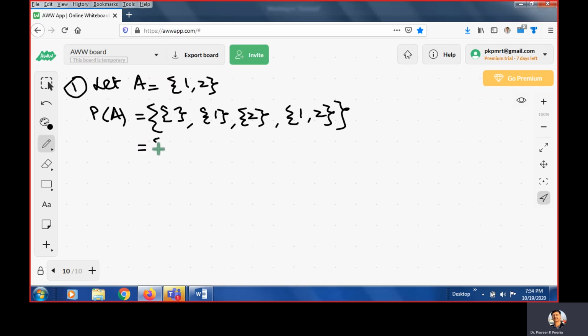Instead of writing null, you can write phi also: phi, 1, 2 and 1, 2. This is PA, the power set. And my dear friends, how many subsets are here? 1, 2, 3, 4. 4 subsets are here.